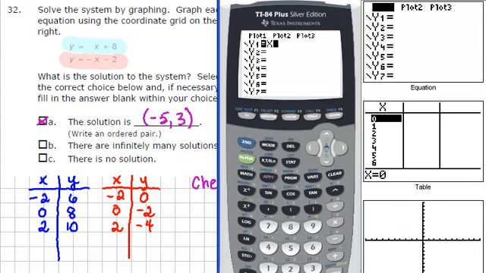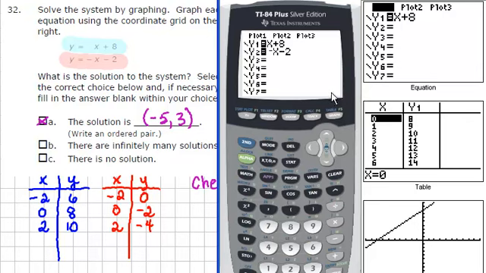So go to y equals and enter x plus 8 for y1 and minus x minus 2 for y2. Notice that for the minus in minus x, I use the negation key, which is right next to the decimal point, and for the subtraction, I use the subtraction key, which is right above addition.